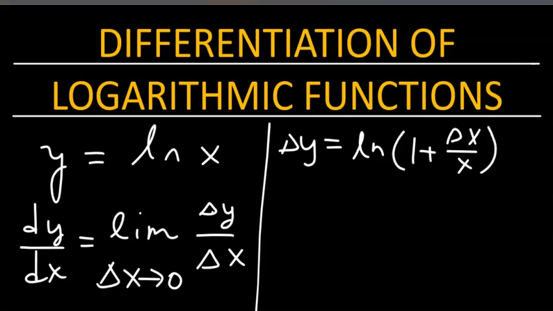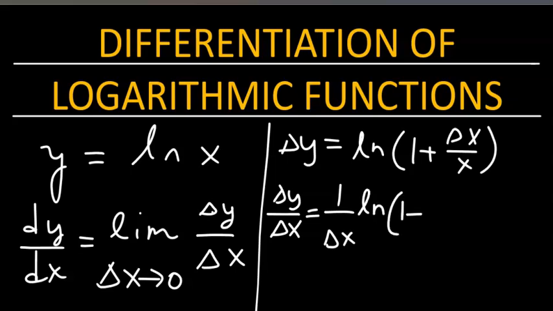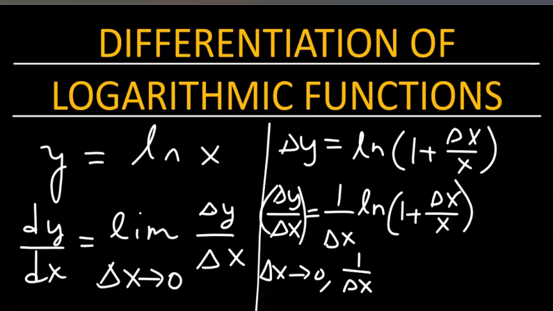Now let's divide both sides by delta x, so you will get delta y over delta x equals 1 over delta x natural log of 1 plus delta x over x. Now if you let delta x go to 0 in the above ratio, the ratio becomes 1 over delta x, and natural log of 1 plus a very small number is quite simply that small number.